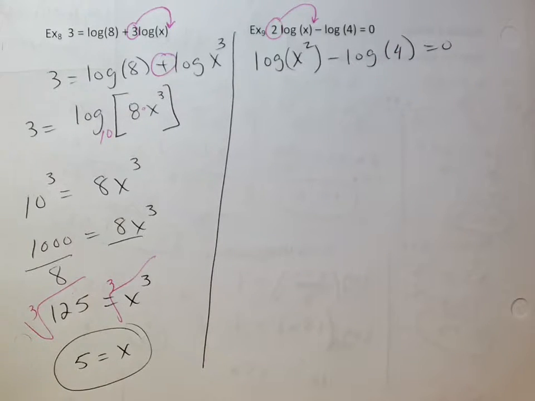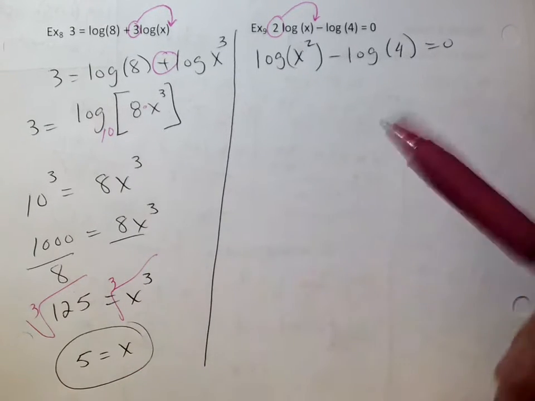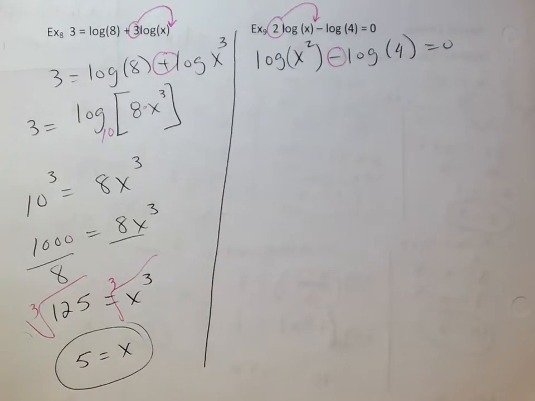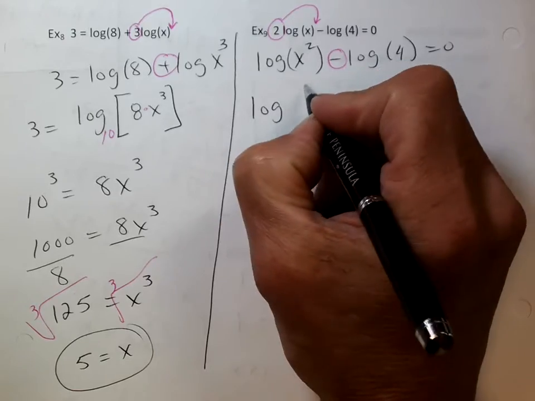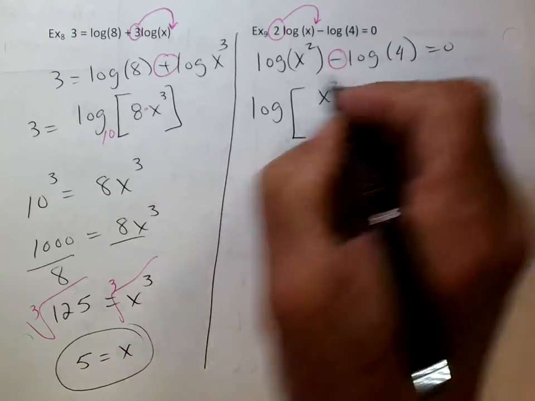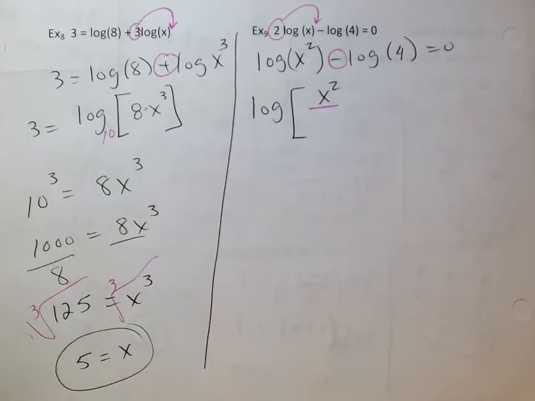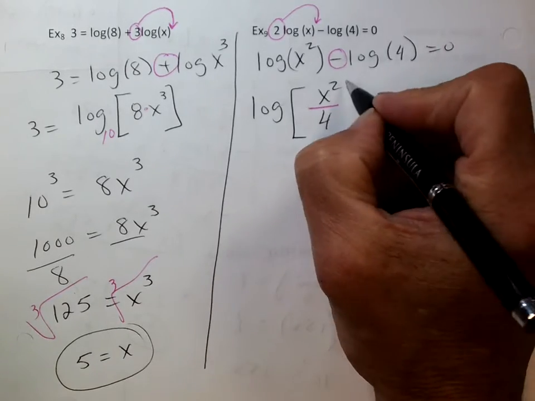First step, I just brought the exponent back in because I'm solving for x. I'm not trying to simplify it anymore, I'm trying to solve. Because it's a subtract, let's combine them as a divide. So let's rewrite as log of x squared divided by 4.